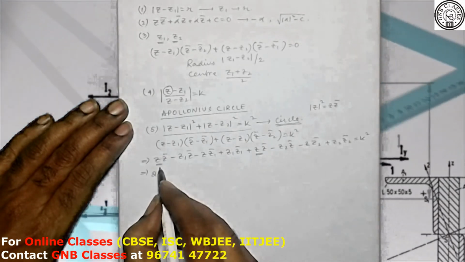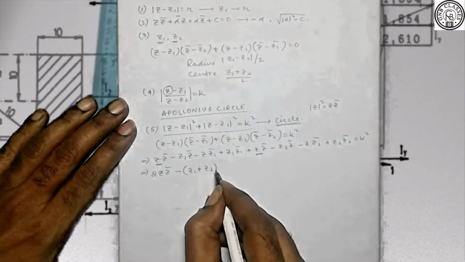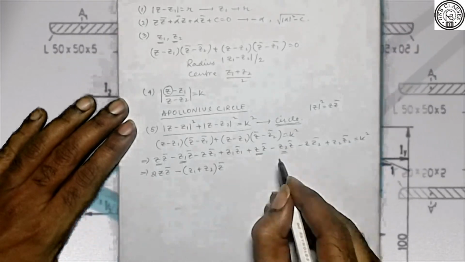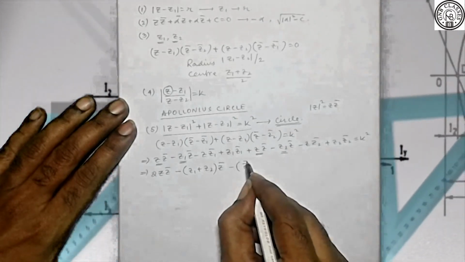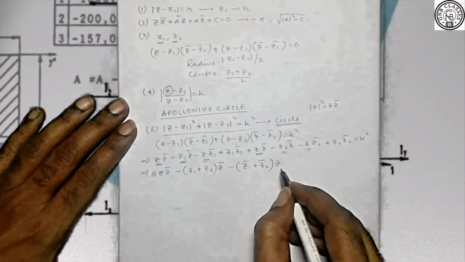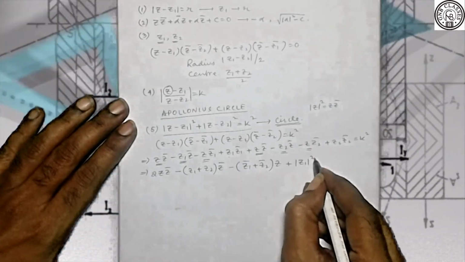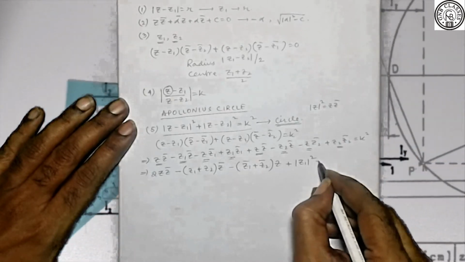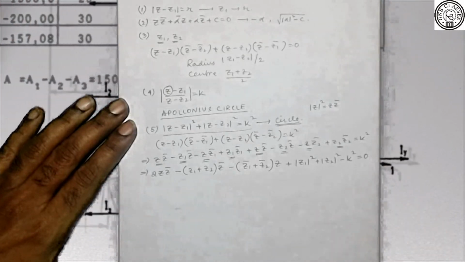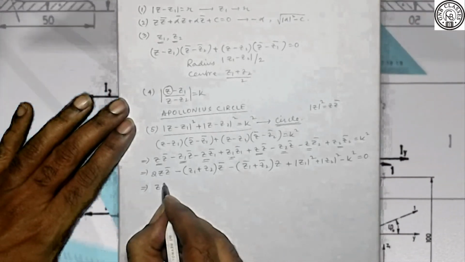So it is nothing but 2 Z Z bar minus Z1 plus Z2 into Z bar. This one goes off. Minus Z1 bar, this one and this one. So we are left with here plus Z1 into Z1 bar is mod Z1 square, Z2 into Z2 bar is mod Z2 square minus K square equals 0. Is it clear? Now if I divide by 2, we are having Z Z bar.